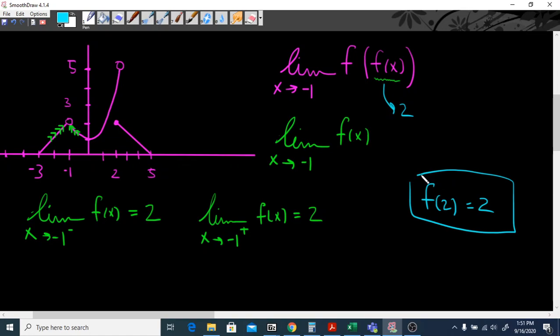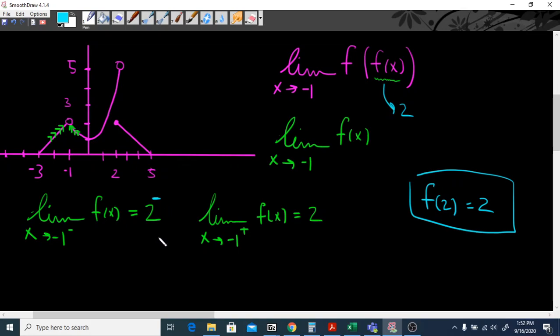But that's wrong, okay? And I want to discuss why this is incorrect. First, let's look at this again. The limit as x approaches -1 from the left is certainly approaching 2, but I want to point out specifically that y is approaching 2 from below. y is approaching 2 from below, okay?